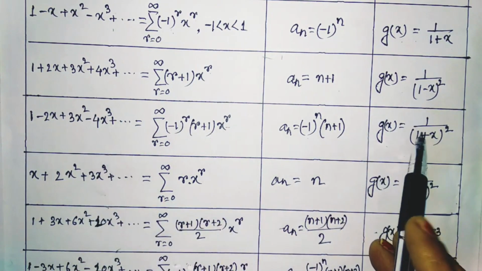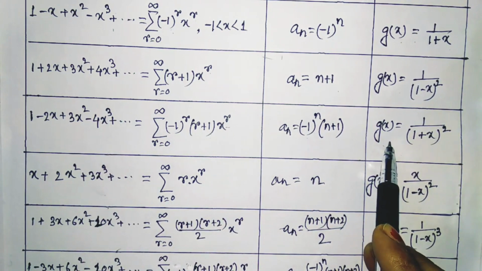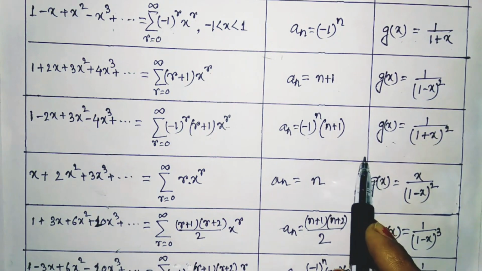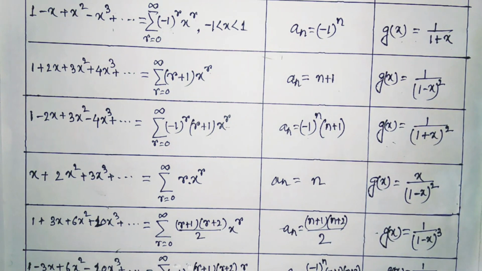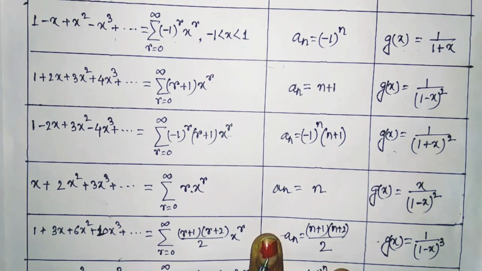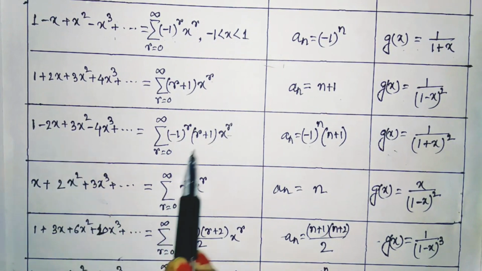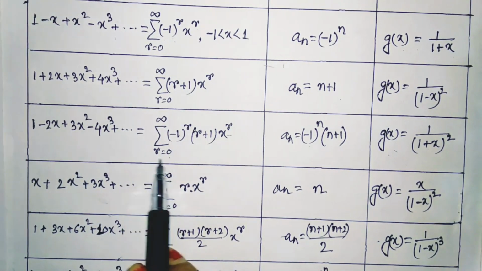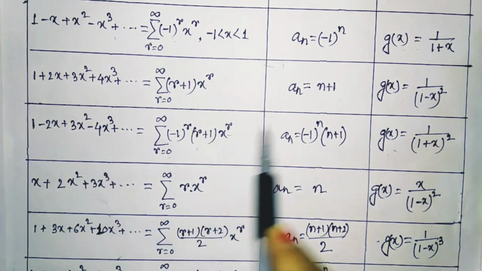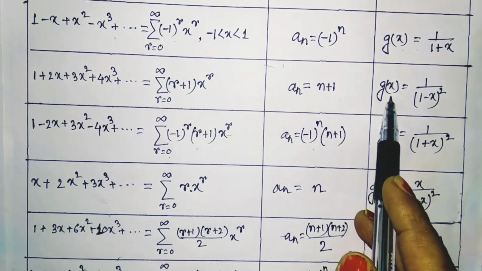You will understand these things if you go through the binomial theorem, which I have already explained in discrete mathematics lecture number 5. You can go to that lecture for a more precise derivation of this series.